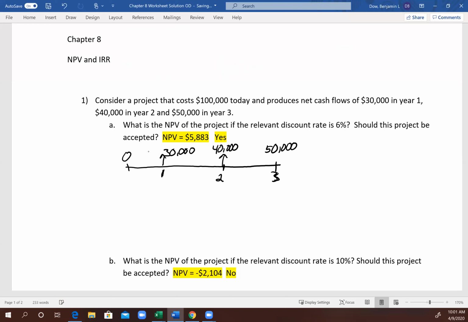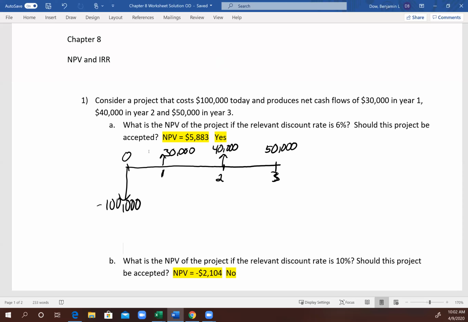Now, the project costs up front $100,000. So now we've got to evaluate whether or not this project is a good idea.